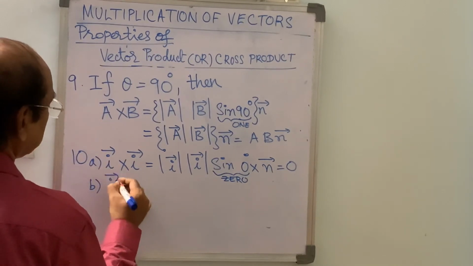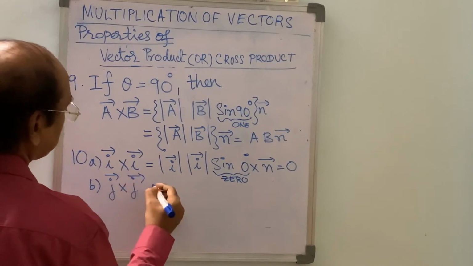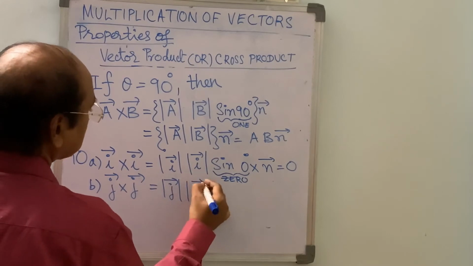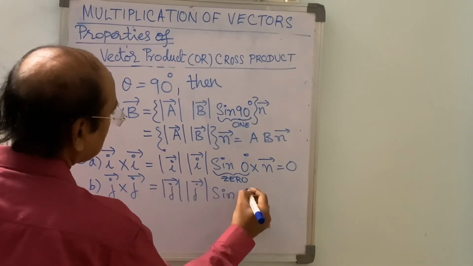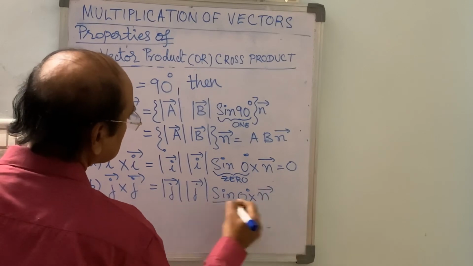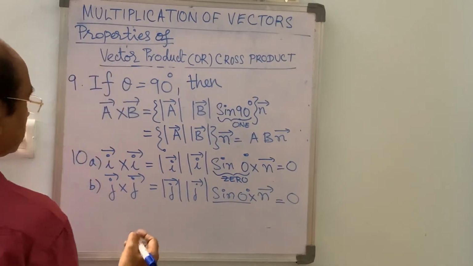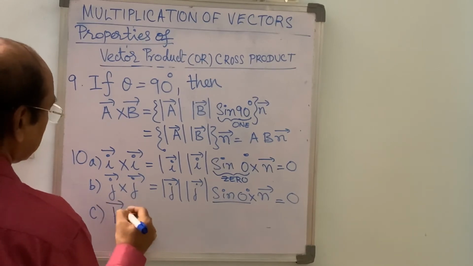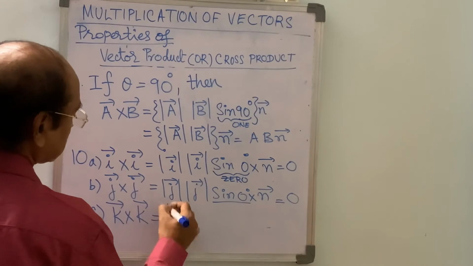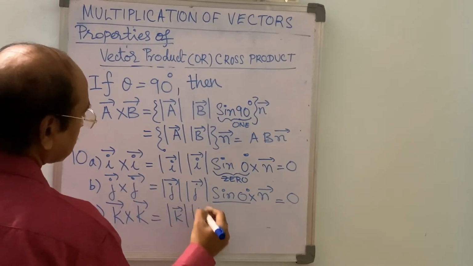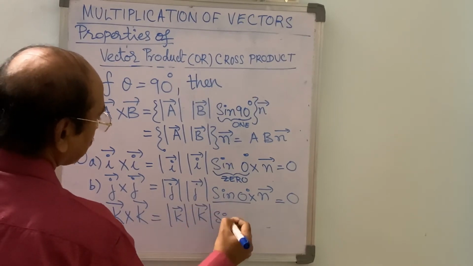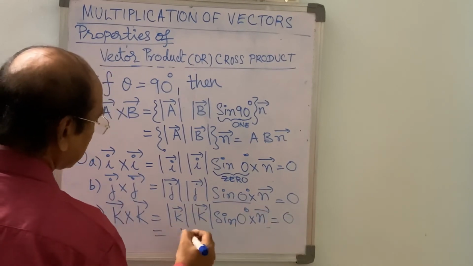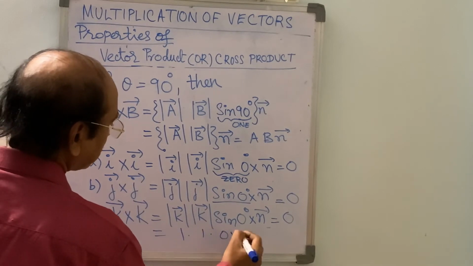And j bar cross j bar is also equal to modulus of j bar into modulus of j bar into sin 0, from this it is equal to 0, and k bar cross k bar is equal to 1 into 1 into 0 into n bar, which is 0.